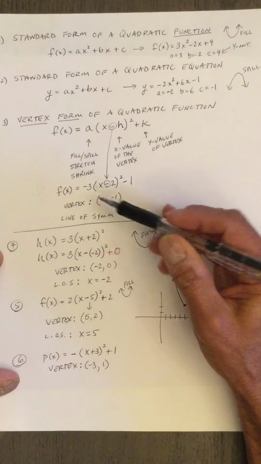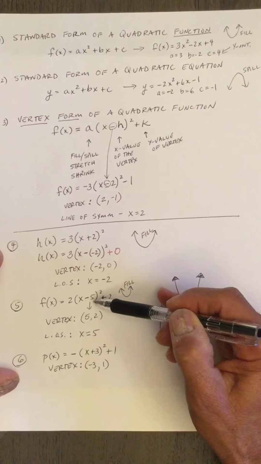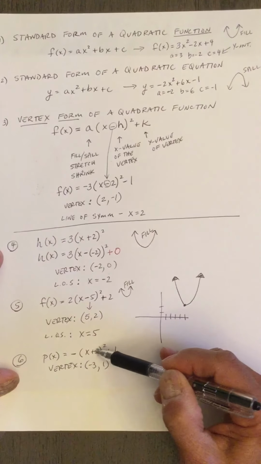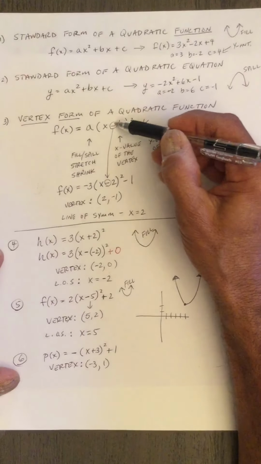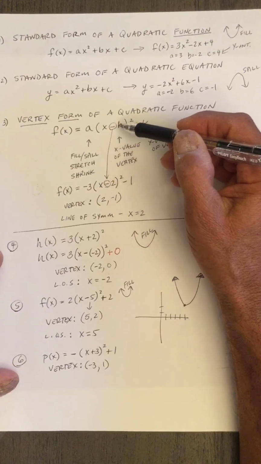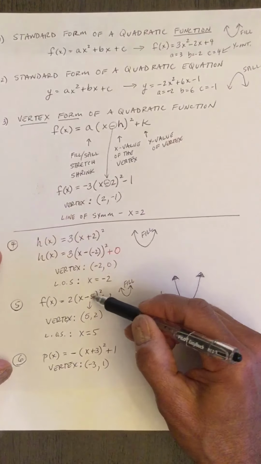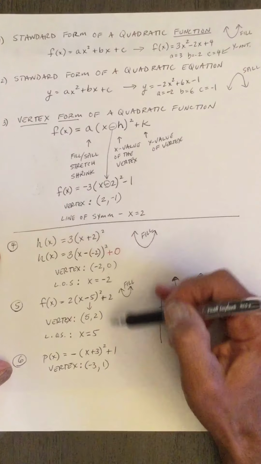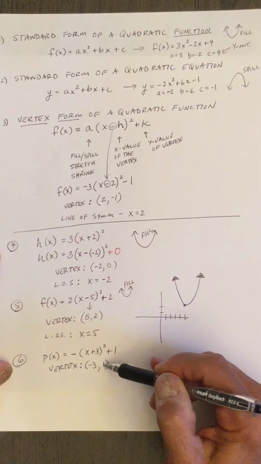Okay? Let's go back up here. See here, you have a plus 2. That's a minus 2. Here you have a minus 5. That's a positive 5. Here's a plus 3. That's a minus 3. So one of the ways you can forget about this negative sign in the original formula is to just take the opposite of this number right here, write it down, and then whatever's on the end over here is your y value.